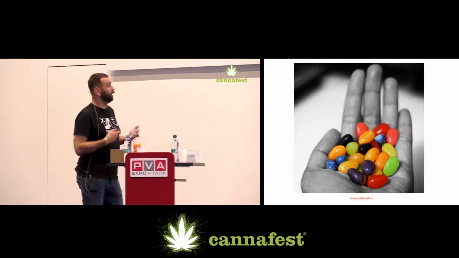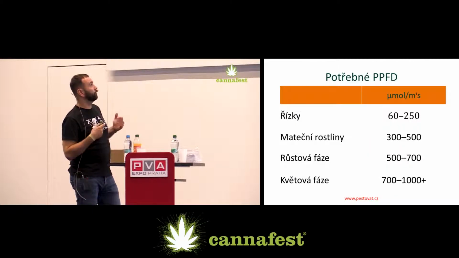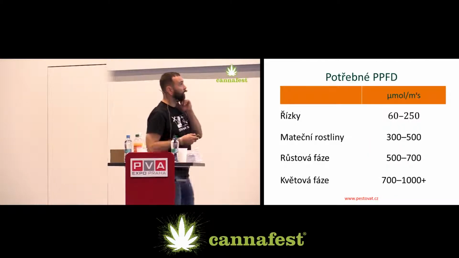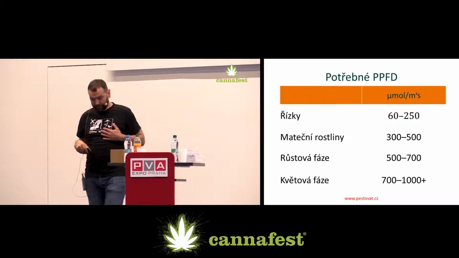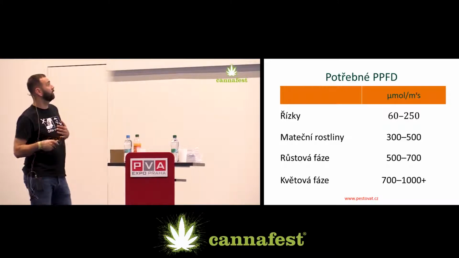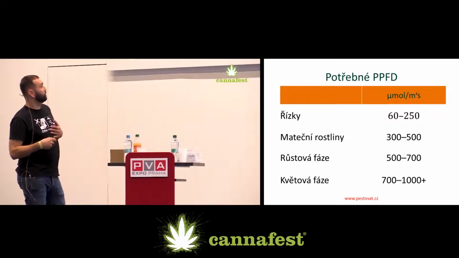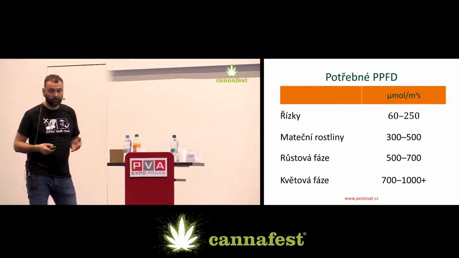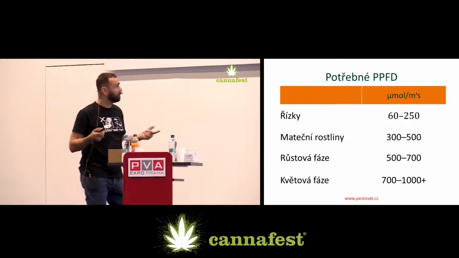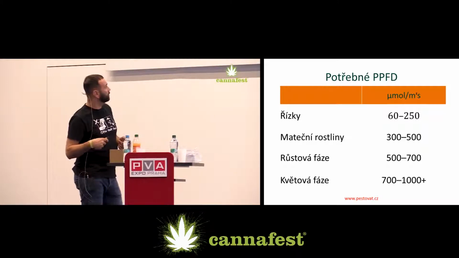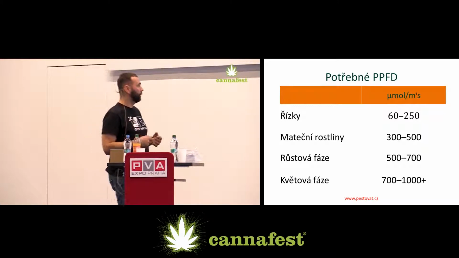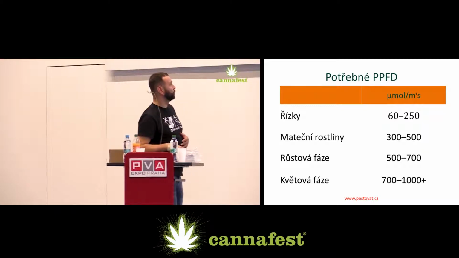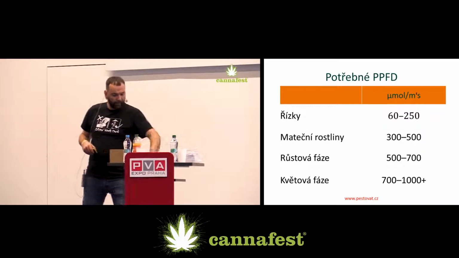So let's now approach what it means for us. That is, what values do we actually need? You can see the 4 categories which we normally use in growing: mother plants, seedlings, the cuttings. Then I have the growth phase, and we have the flowering phase.